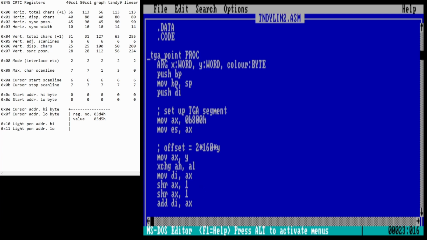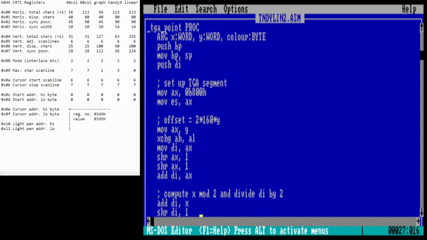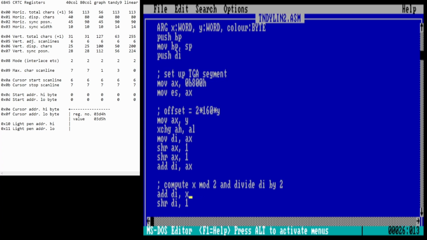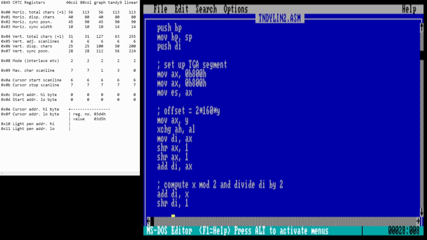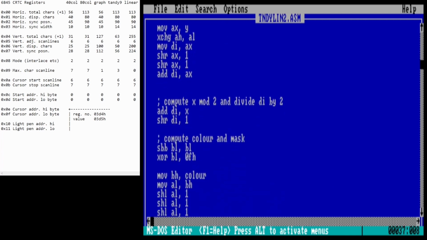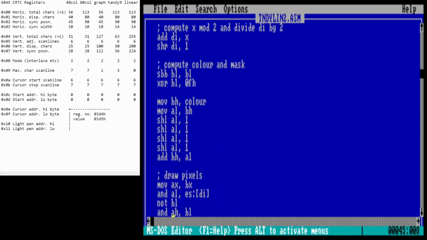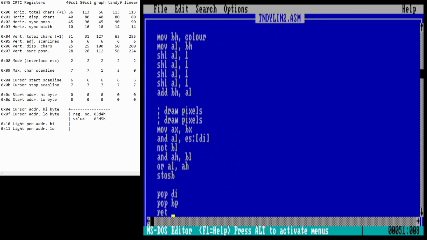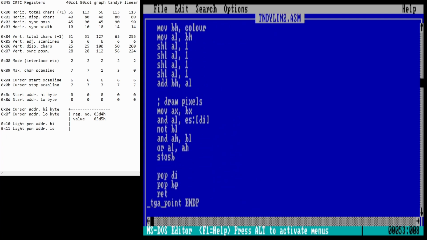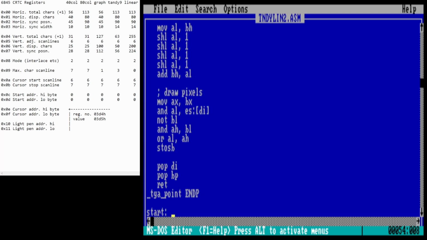So this piece of code is just basically taken from the original piece of code, but I've just removed the bank part, and now we just add x to the offset and divide the whole thing through by 2, so that we get the offset instead of twice the offset, and that's it.